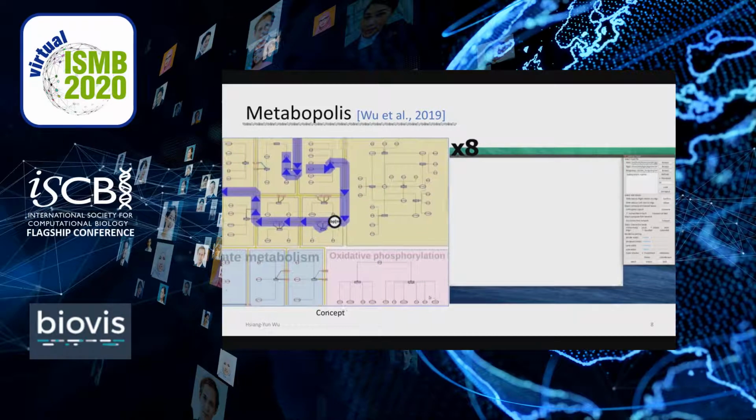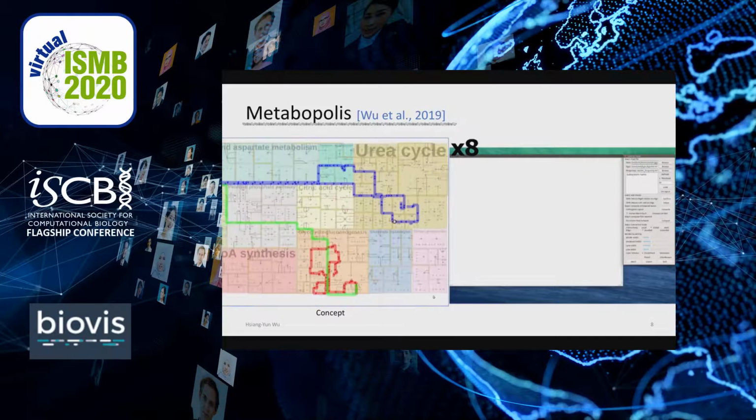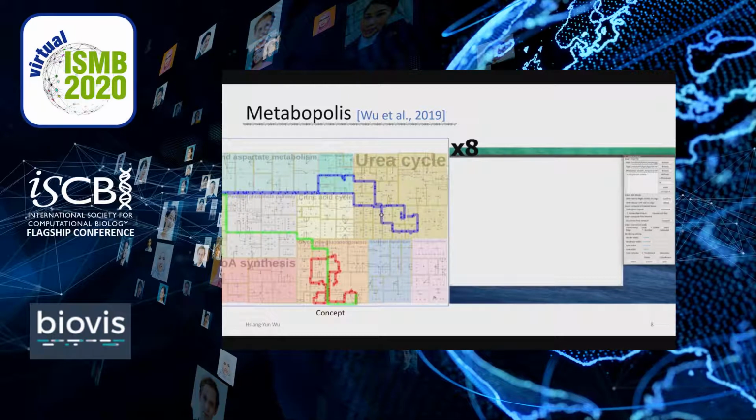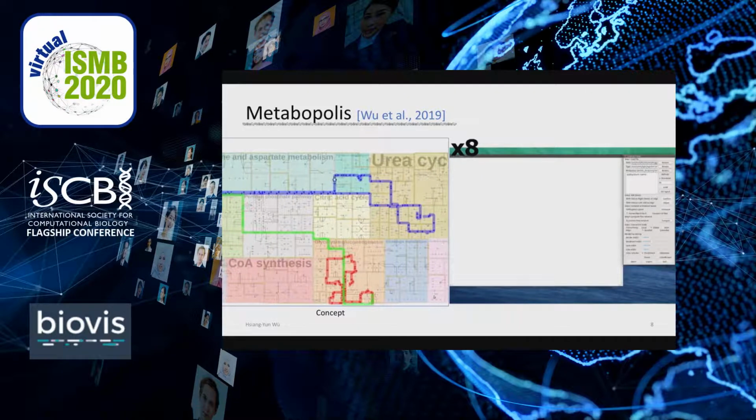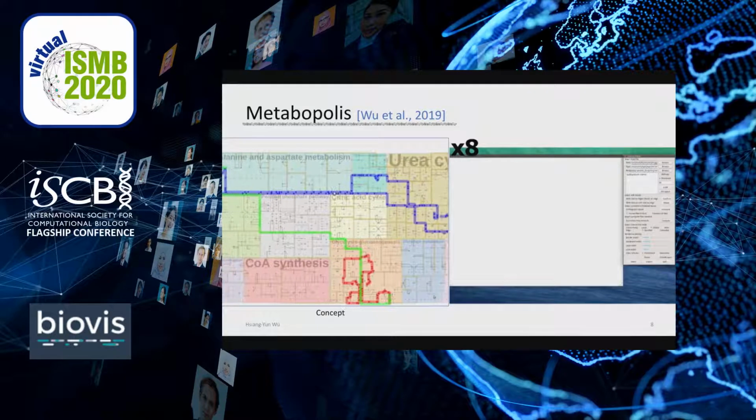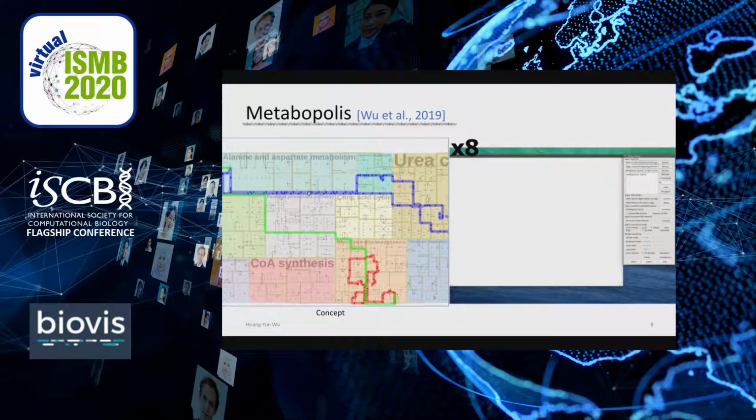And the blue route here shows how humans transform ammonia to urea in order to eliminate the toxic ammonia in the urea cycle. In this example, the chemical components globally move across multiple categories, from mitochondria to cytoplasm through the transport pathways.